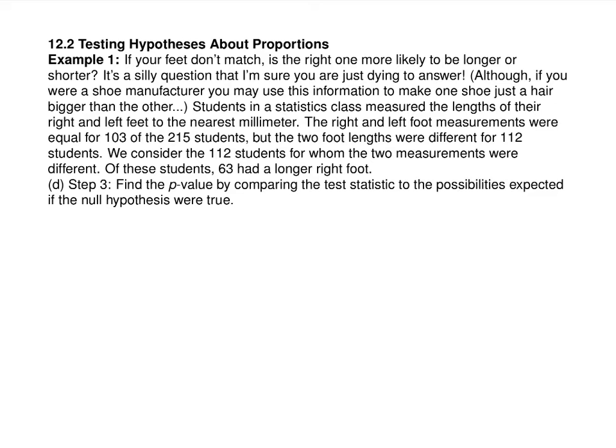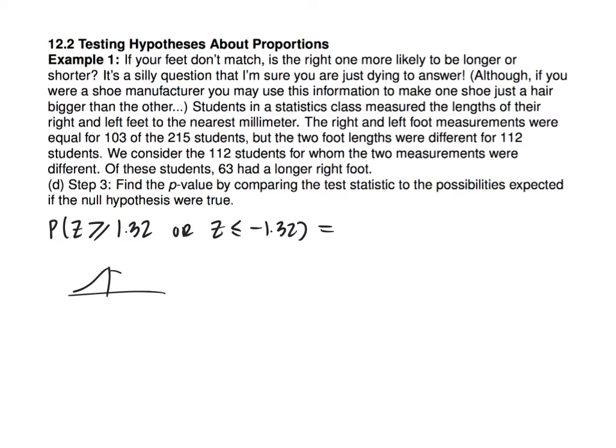Find the p-value by comparing the test statistic to the possibilities expected if the null hypothesis were true. So what this means, with a two-sided test, is the probability z is bigger than or equal to 1.32 or less than or equal to negative 1.32. Remember that from this picture.